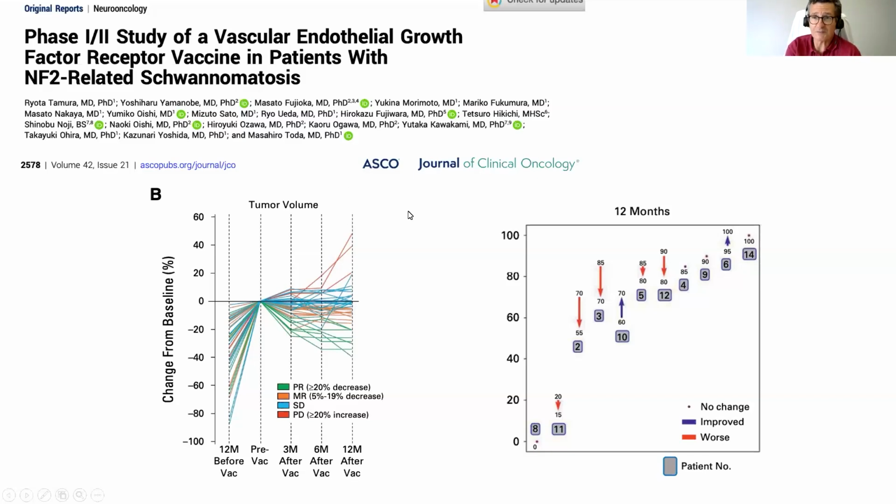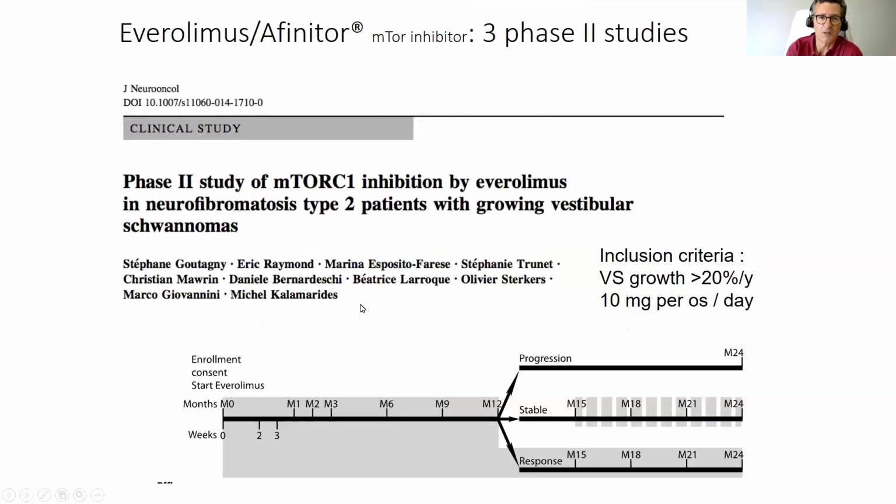Maybe it's promising because in this treatment, you see the growth of the vestibular schwannoma is stabilized like with bevacizumab, but there are fewer side effects because it's targeting only the vestibular schwannoma, and there is no effect on the kidney, for example, which is the most frequent side effect. So you see the hearing is not improved. It's stable, but I think that we have to follow this new treatment.